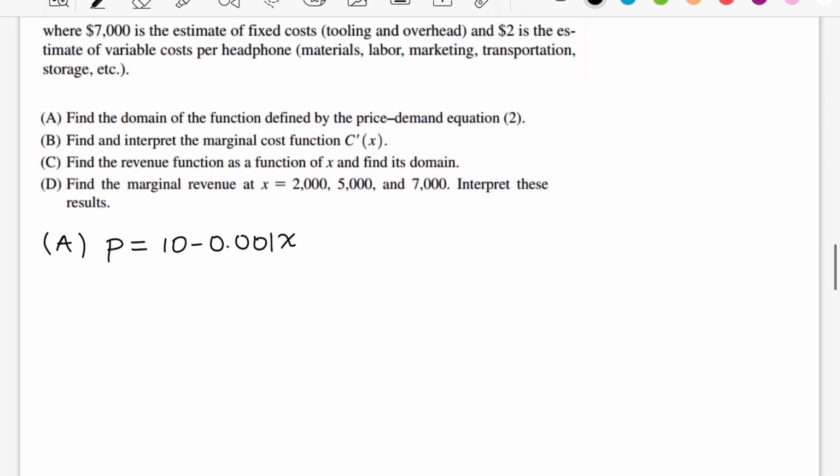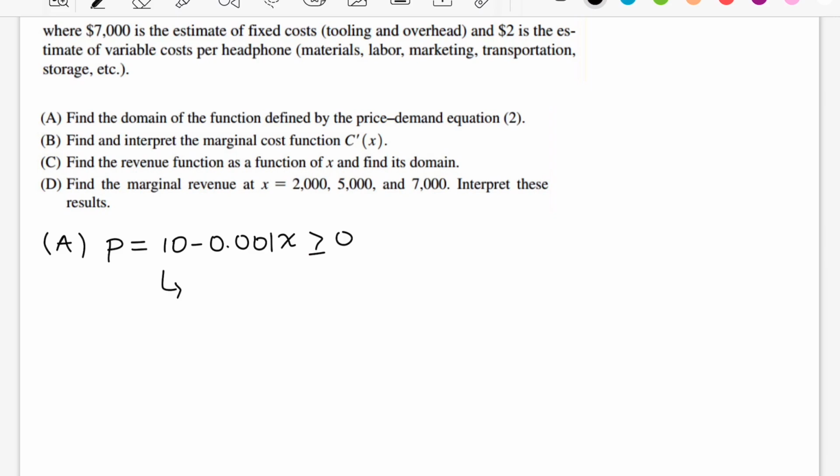So this tells us that the price is going to have to be greater than 0. However, we can have that our demand is 0, where no one wants these headphones. So it's not going to be strictly greater than 0, it's going to be greater than or equal to 0.